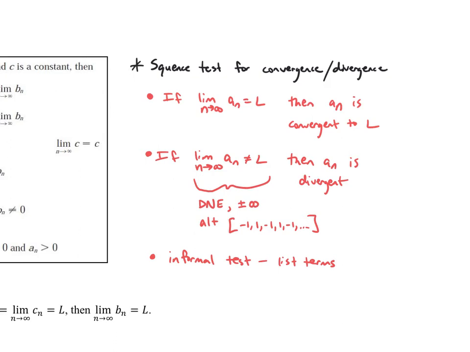If you're struggling to take a limit, if taking a limit is going to be algebraically difficult, very time consuming, more work than it's really worth, then maybe just list some terms and see what happens. You might be surprised. You may see that every term simplifies to 0. Well, that's a pretty clear indicator that the limit's going to be 0. Or you may see that the terms simplify to 1 and then -1 and then 1 and then -1 and so on, and then it's an indicator that it's going to be divergent. And again, I'll give you examples of all this.